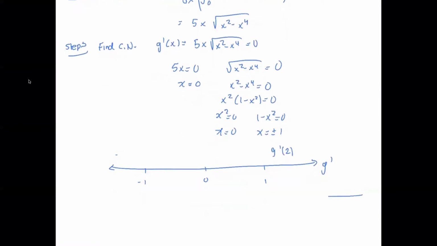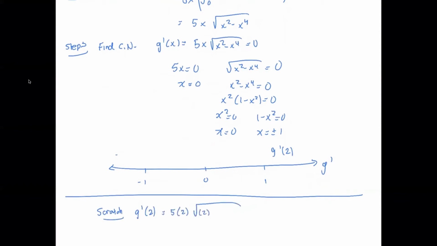Again, this is my scratch. When I plug in 2, I get 5 times 2 times the square root of 2 squared minus 2 to the 4th.